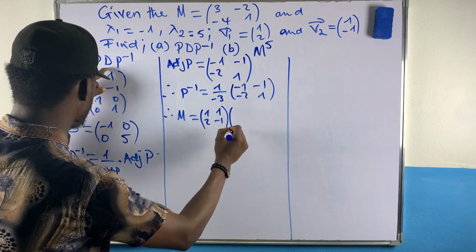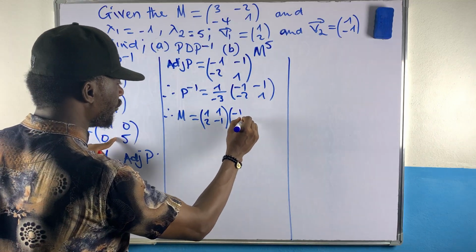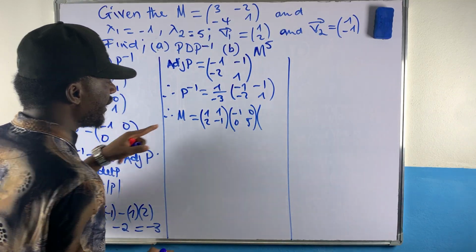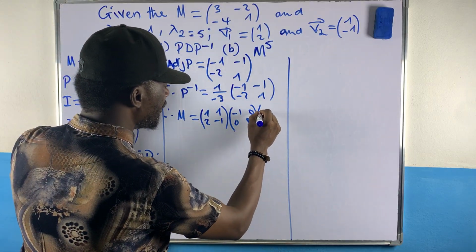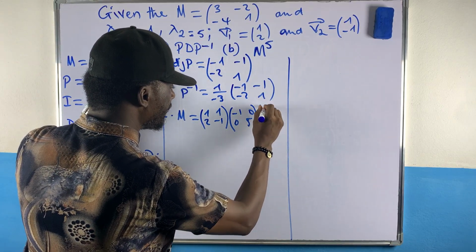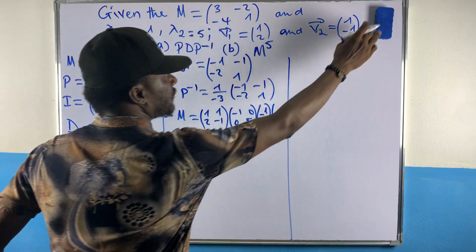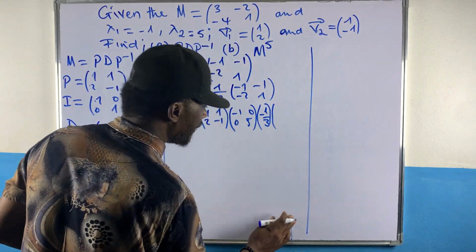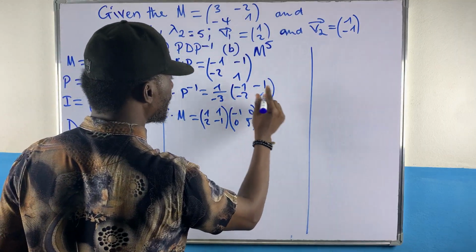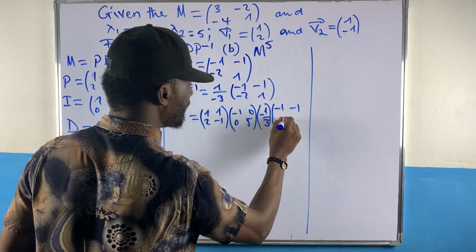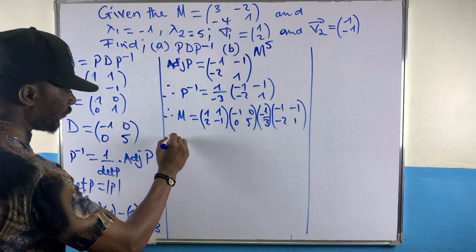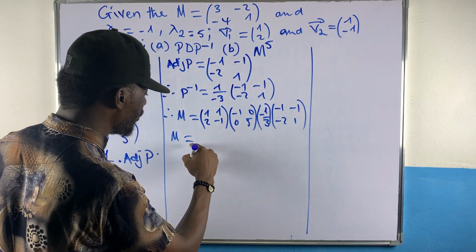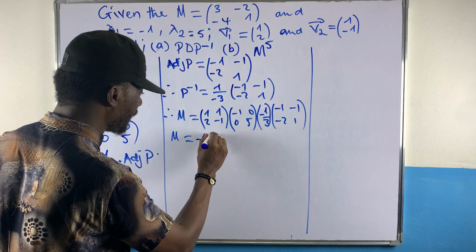This is our matrix D here, which is negative 1, 0, 0, 5, multiplied by our matrix P inverse, which is negative 1/3 into negative 1, negative 1, negative 2, 1. So we can still write that as M equal to, with this negative 1/3 going in front, negative 1/3 in front.